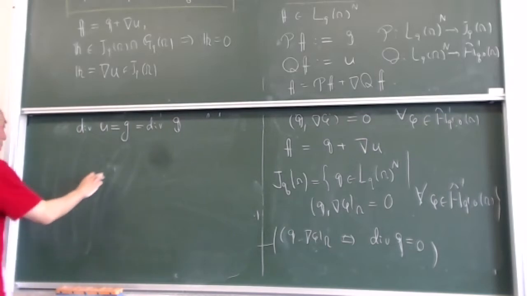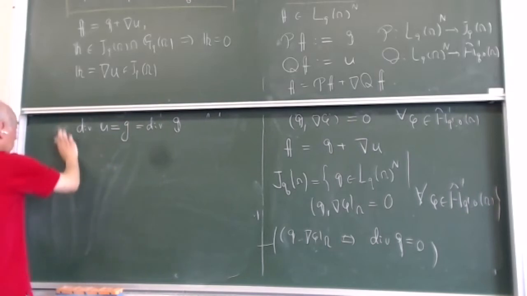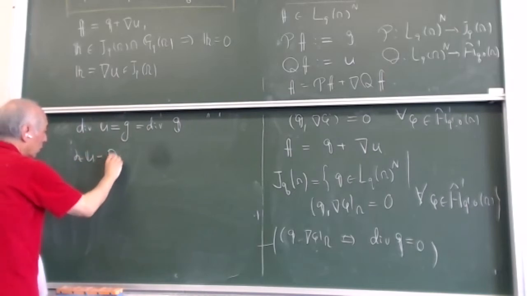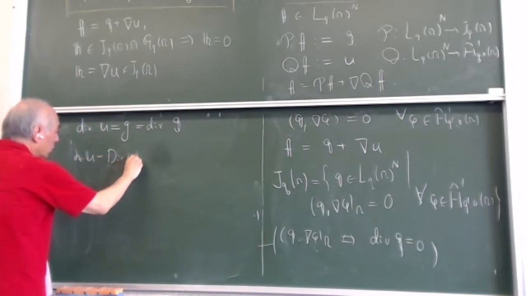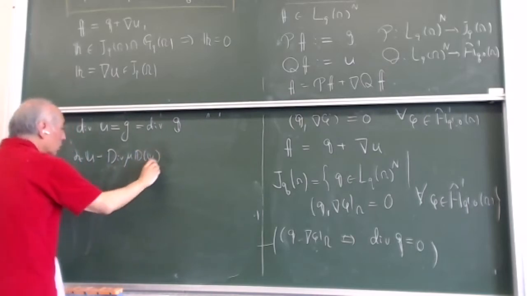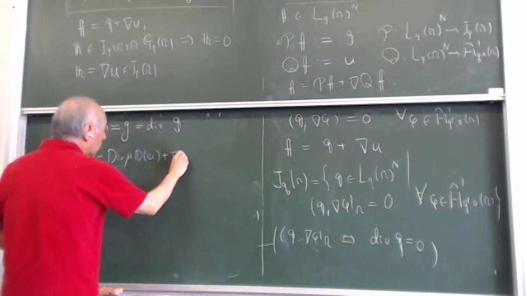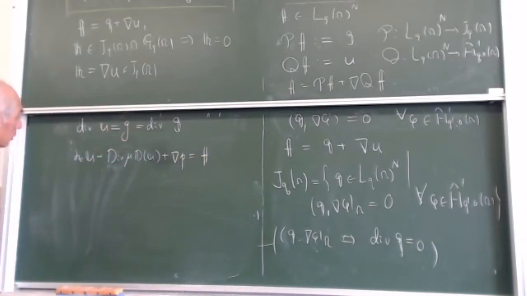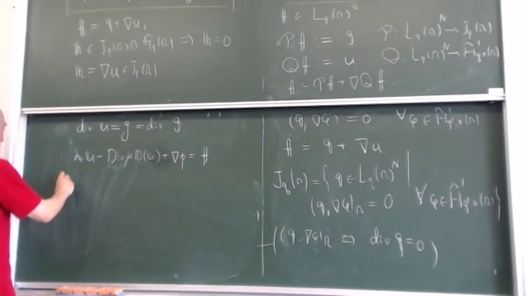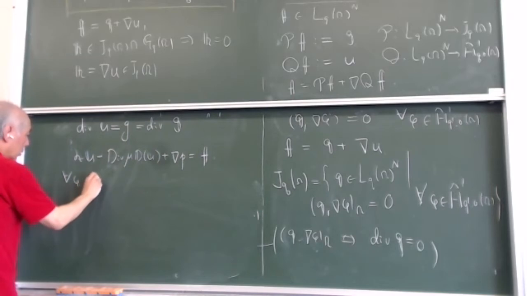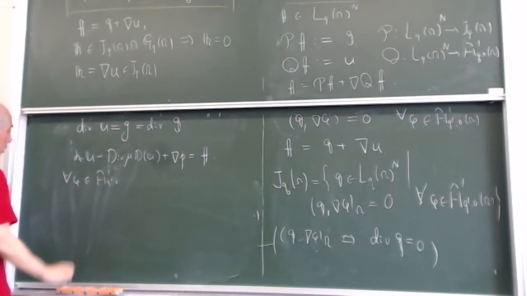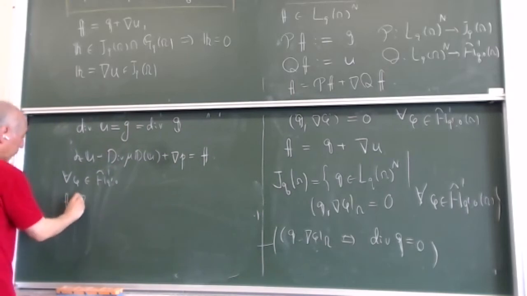If you look at the first equation, d_t u minus Delta u equals F, the first equation, then for any phi, consider another phi.